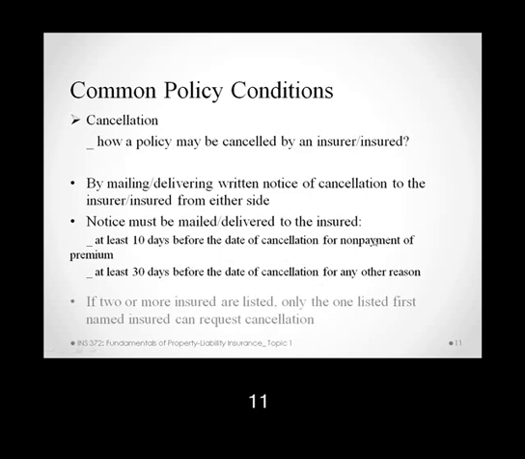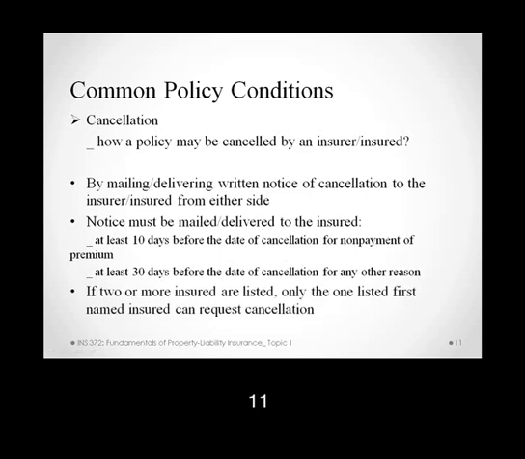Now, sometimes for a particular policy, there will be more than one person listed as insured. Now, who will have the right to cancel the policy? If two persons are listed, only the first person will have the right to cancel the policy, and only that person will have the right to receive the insurance company's cancellation.